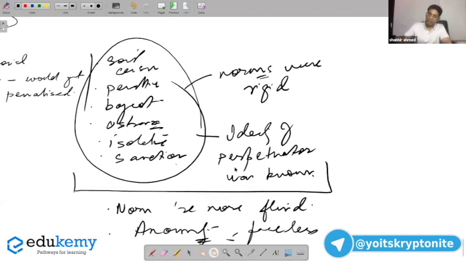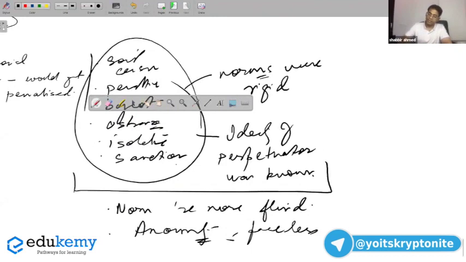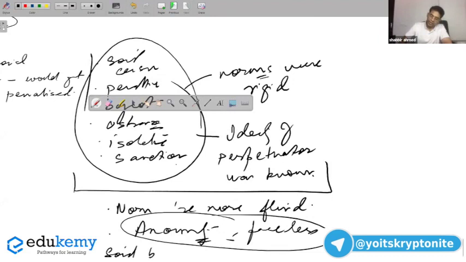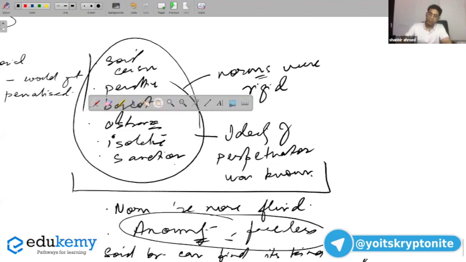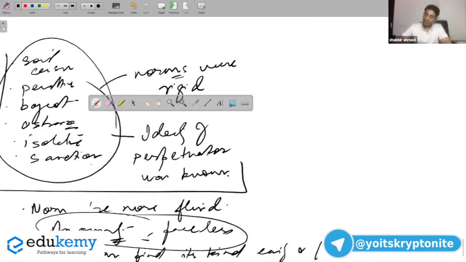Because of anonymity, a very important thing happening is antisocial behavior can find its kind easily and can form their communities.